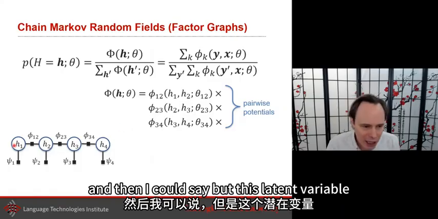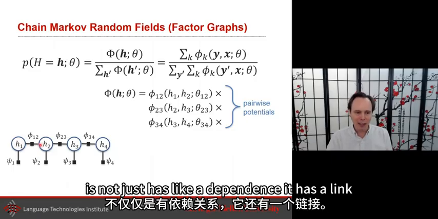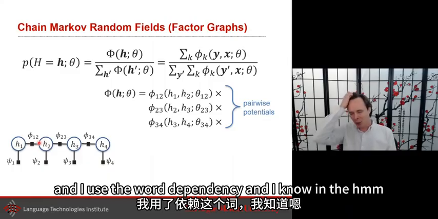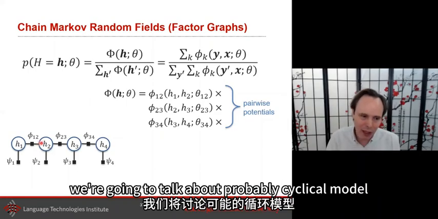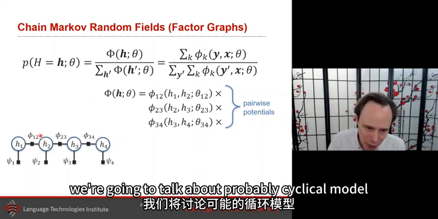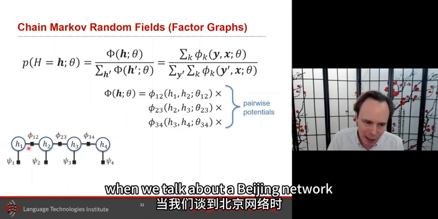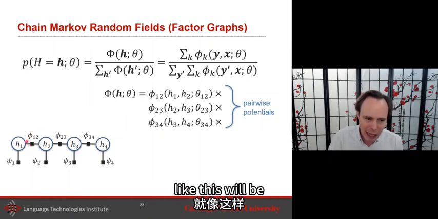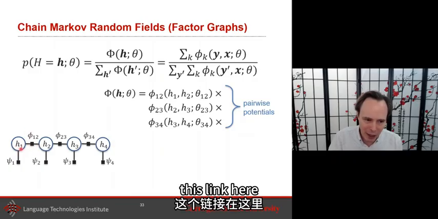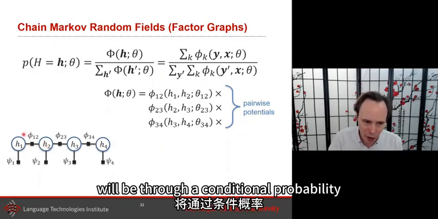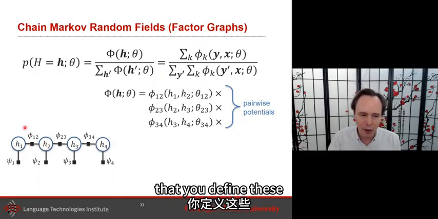And then I could say, but this latent variable does not just have a dependence, it has a link. And I use the word dependency. And I know in an HMM, we're going to talk about probabilistic graphical models. When we talk about the Bayesian network, this link here will be through a conditional probability that you define.